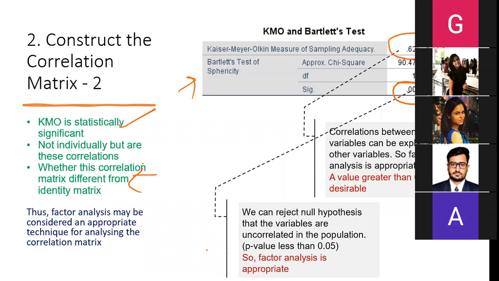We see the significance value is 0.00, less than alpha, that is 0.05. We reject our null hypothesis and we accept the alternate, that these variables are correlated. Our first assumption, that variables should be correlated, is met. Let's proceed with factor analysis.